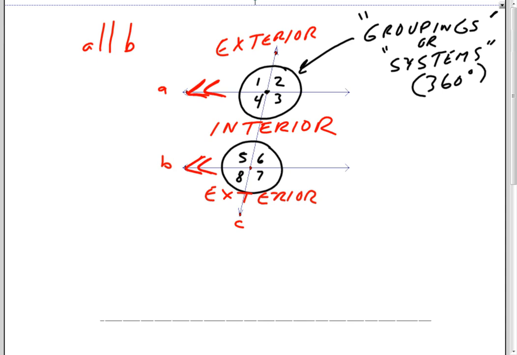All of those things indicate we've got a parallel situation. Anybody remember what this line is called, the one that touches the other lines? Transversal.